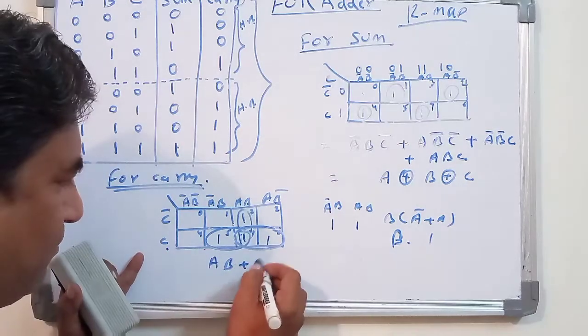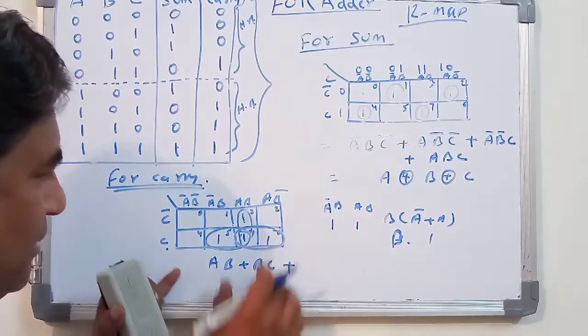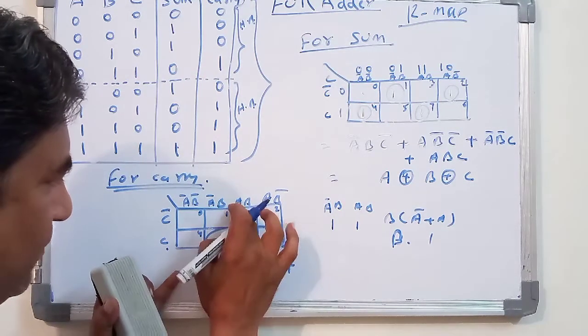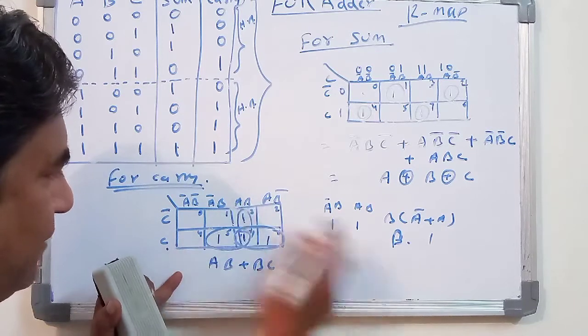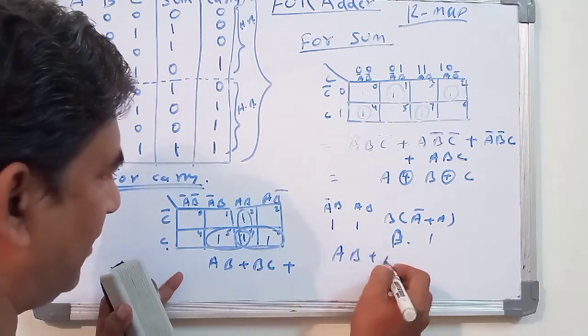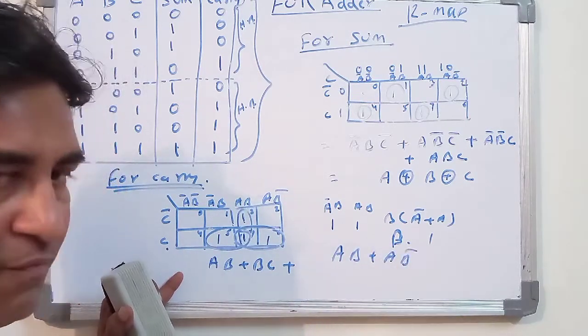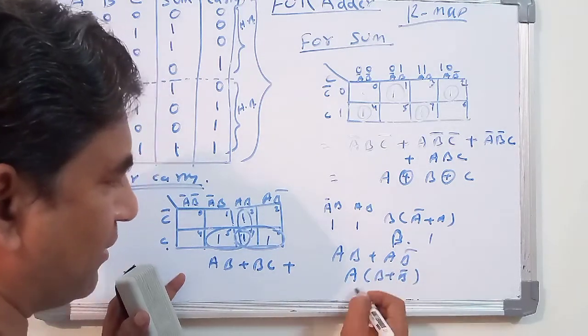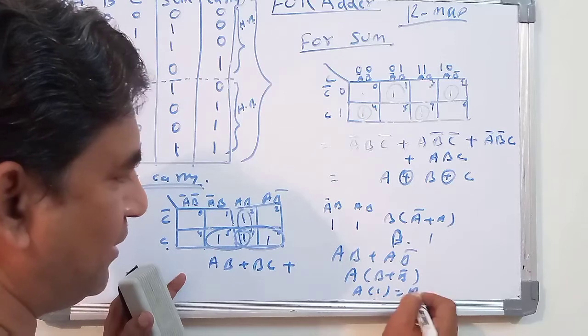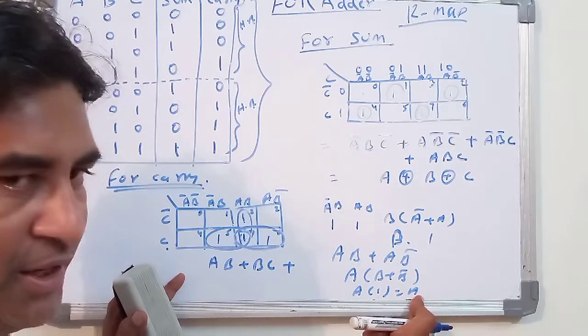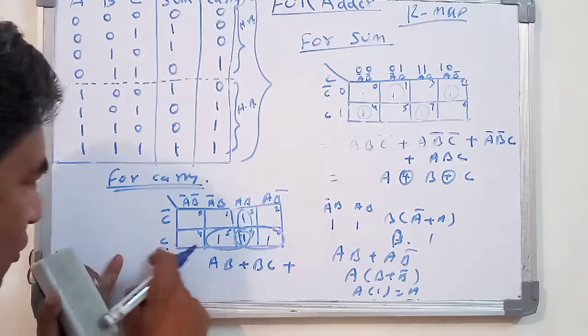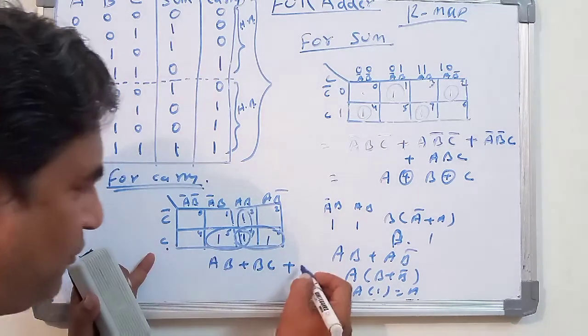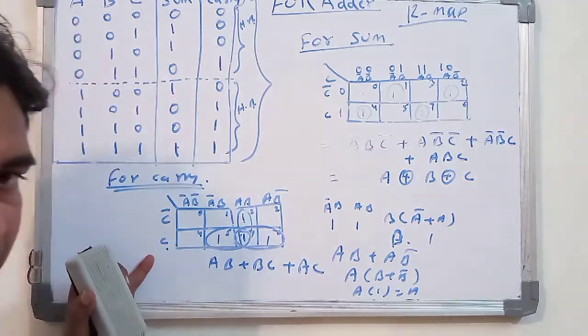So plus BC plus the third number. Again, just observe here, A B plus A B bar. What is common? It is A, and B plus B bar, it is 1. Since A into 1, it is A. So A is remaining here, and the row, it is C. So you will be getting the value as AC.